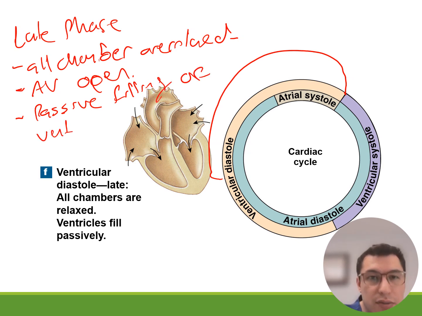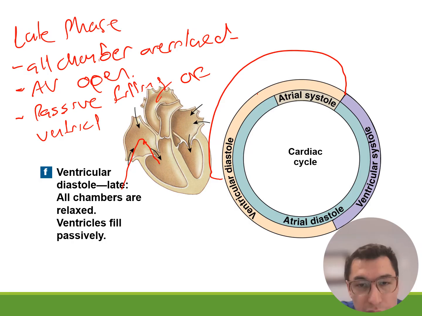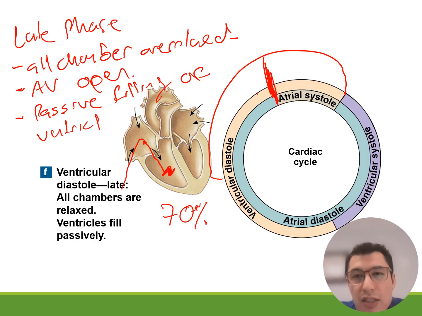So it is during this phase that the atrioventricular valves will allow blood to flow from the atria into the ventricles, and we will fill about 70% of that ventricle through that passive process. And it is at the beginning of atrial systole that we will squeeze the remaining portion of the blood that is still in the atria to continue to fill that ventricle.